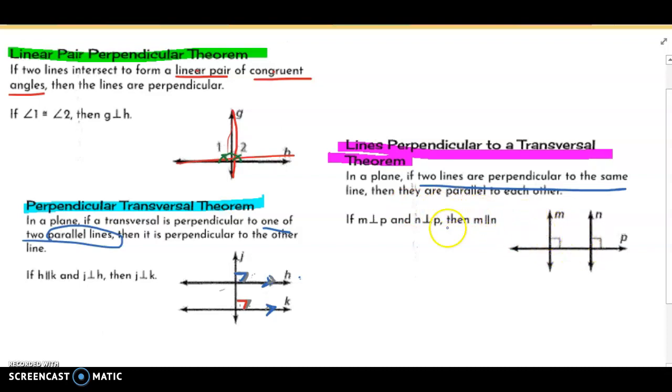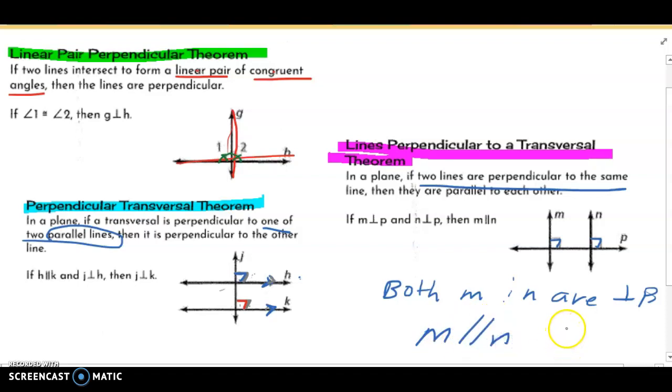Okay, so if we look at this diagram, notice that M is perpendicular to P and N is perpendicular to P. Okay, so because both M and N are perpendicular to P, that means that M has to be parallel to N. Okay, now this one should also make sense, because if we look at this, this angle here and this angle here are corresponding angles, and if corresponding angles are congruent, the converse says that the lines must be parallel.